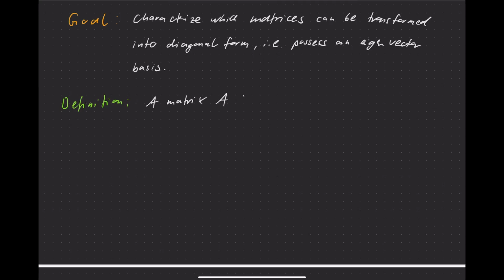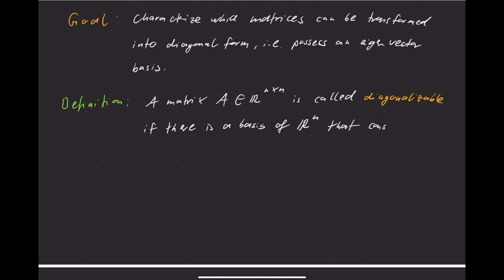A matrix A in R^(n×n) is called diagonalizable if there is a basis of R^n that consists of eigenvectors of A.